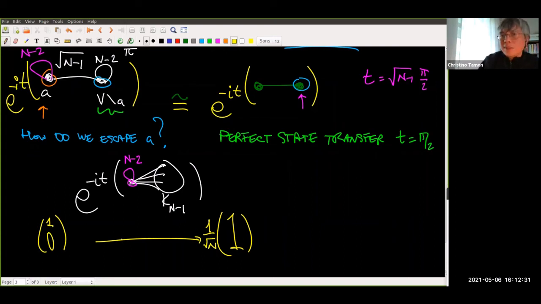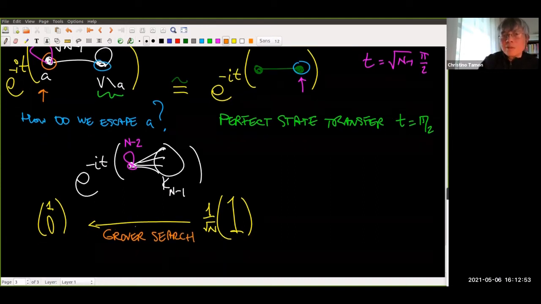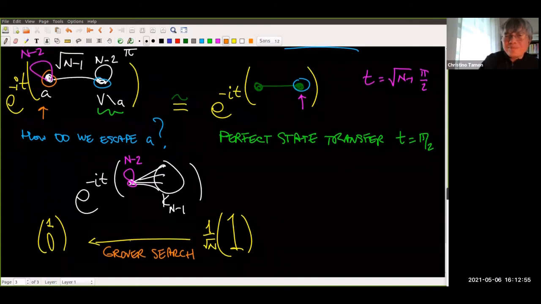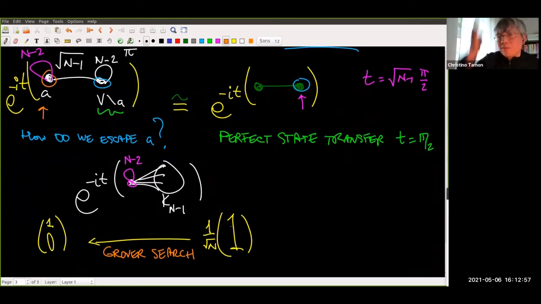Is that okay, more or less? So now we look at this the opposite way, because it's a unitary evolution, so we can go back and forth. If we view this backwards, this is what you would call Grover search. Actually, it's called spatial search because it's continuous time, but it's the same. Grover search starts with a uniform superposition, and it hits a particular target, which is a marked vertex.